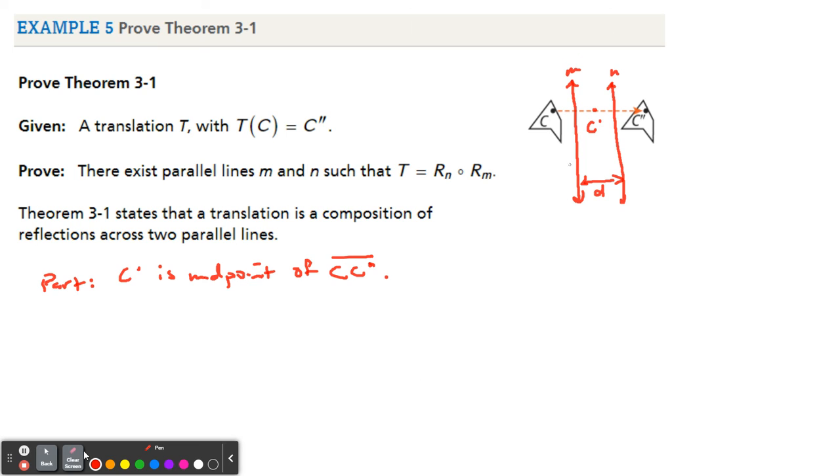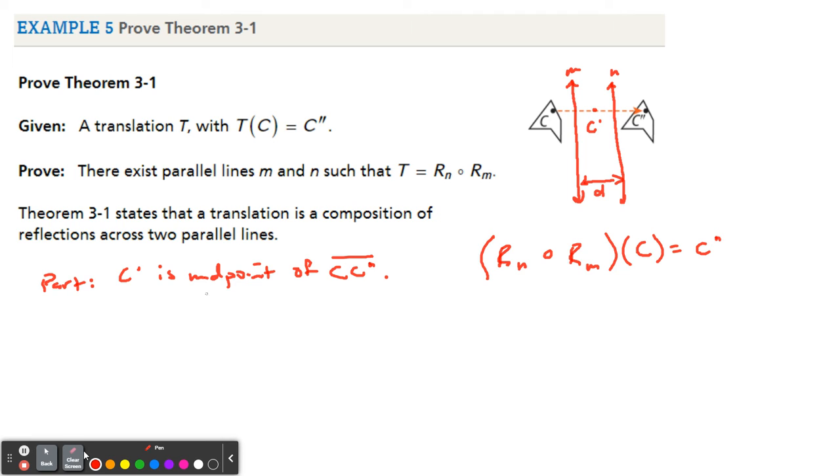So if we take C and reflect it across line M, and then take C prime and reflect it across line N, we're going to get C double prime. So this will be a composition of these reflections, again, right to left. So if you think of, we're going to reflect across line M first, and then line N second, that will take C and make it C double prime.